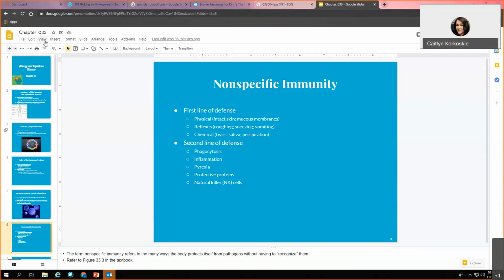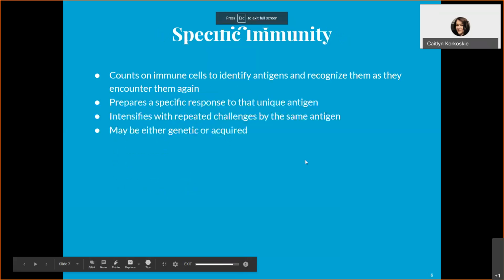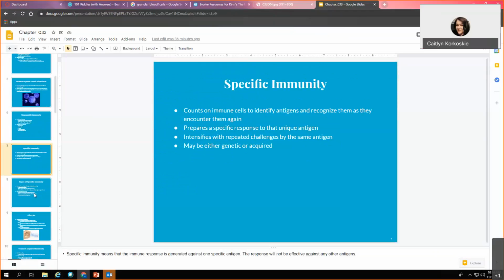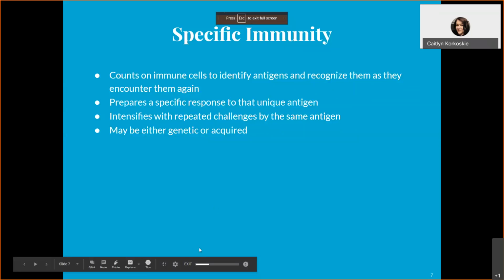Okay. And actually, there were certain things I wanted to really focus on in here. I haven't used Google Slides in a while, so I'm trying to remember how I look at my presenter view. Hold on. Oh, notes.